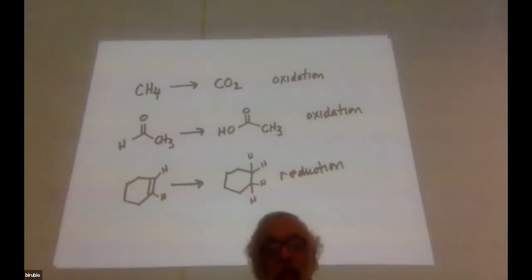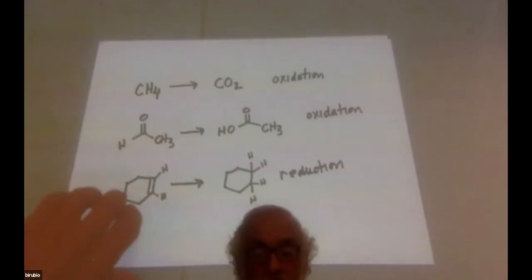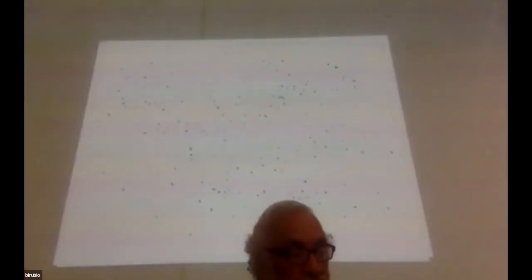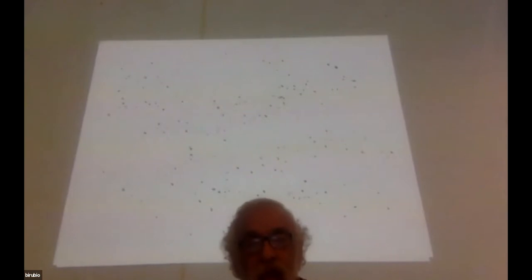So that's a reduction, an increase in the number of bonds to hydrogen. That's the first thing we want to say about oxidation and reduction, is that this is how we can tell whether oxidation or reduction have happened.